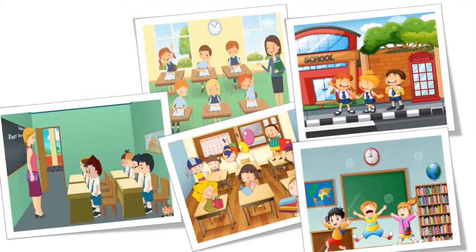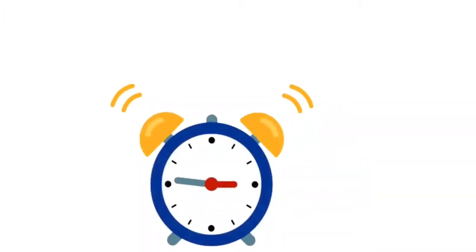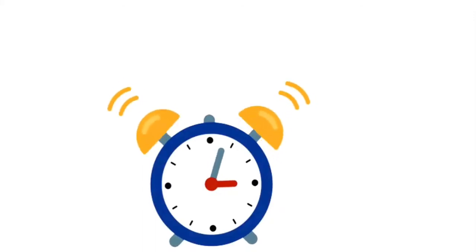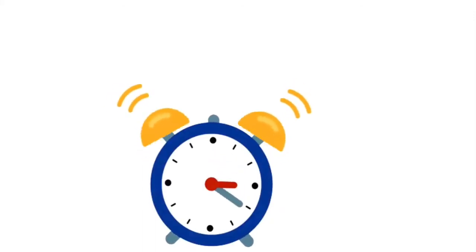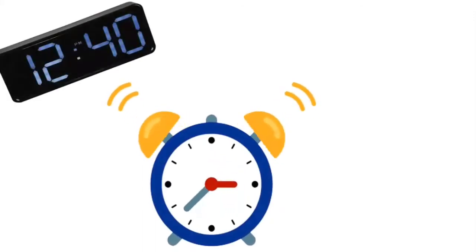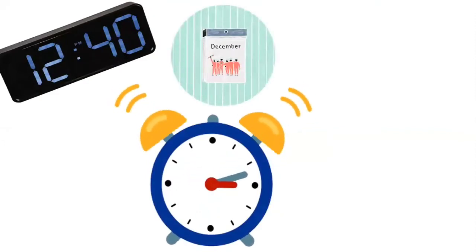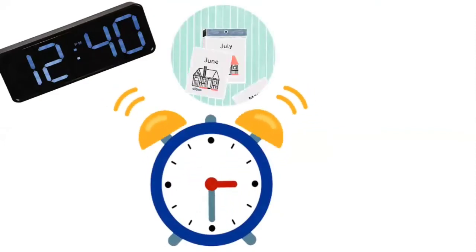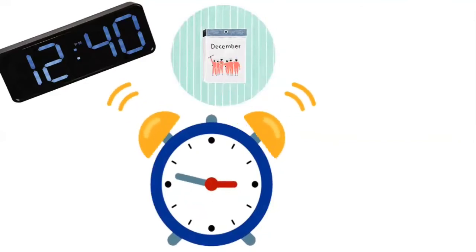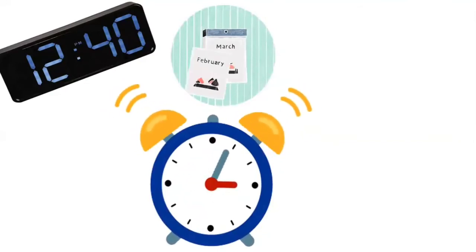So, students, how do you get to know the time? I mean, by looking at which object do you get to know the time? Very good. You get to know the time by looking at the clock or the digital watch, or by looking at the calendar for days, weeks, months, and years, that is the time that is passing by.